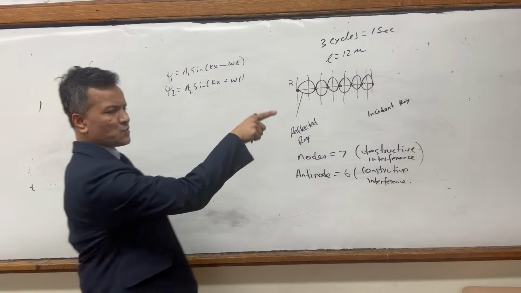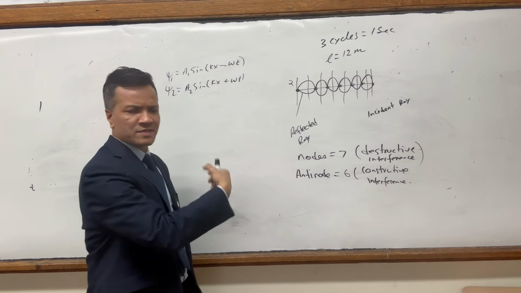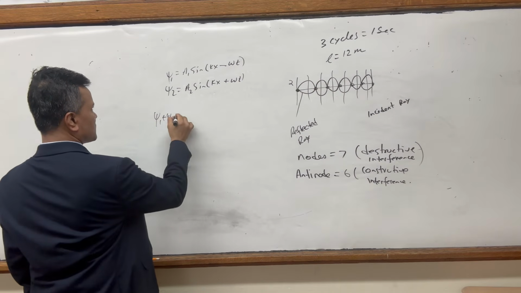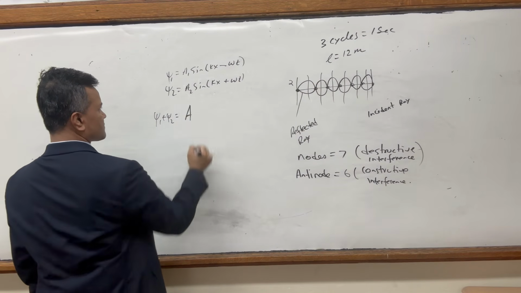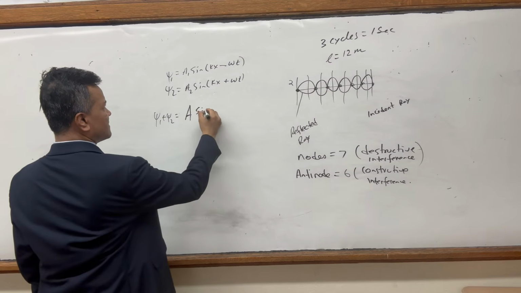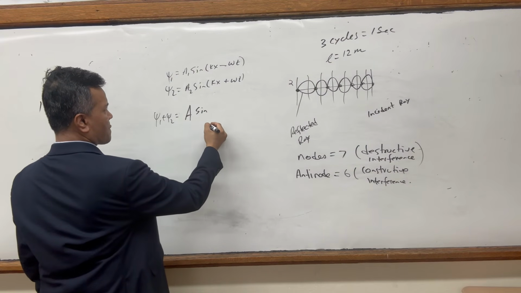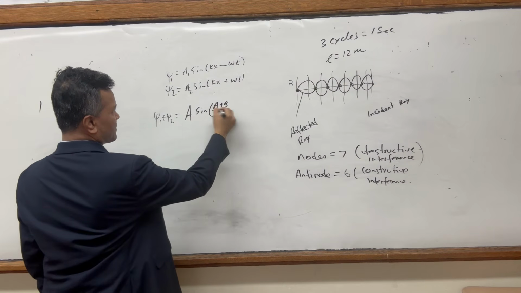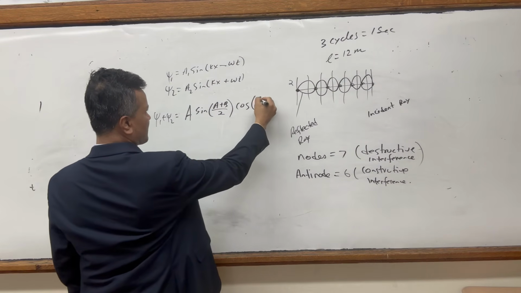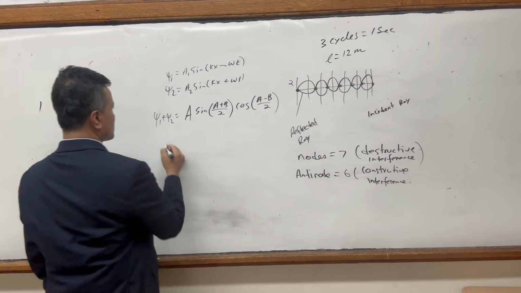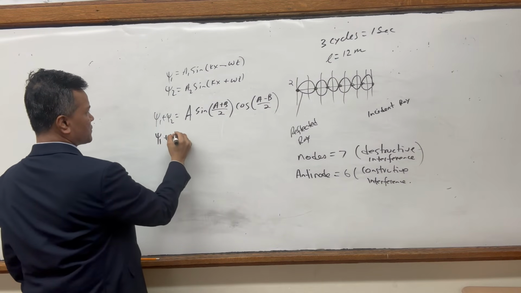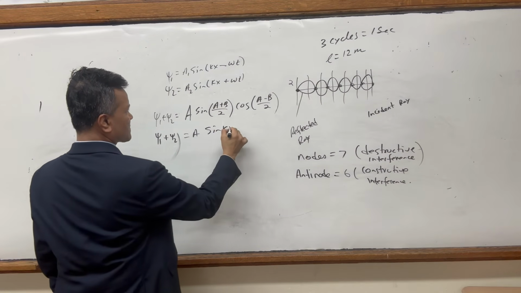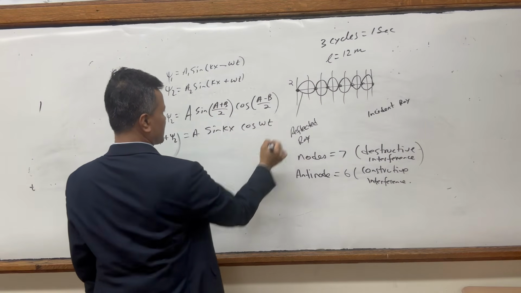This way is negative, this way is positive. We're going to put them together: psi 1 plus psi 2. You're going to say big A, sine of (a plus b) over 2, cosine of (a minus b) over 2. So psi 1 plus psi 2 is equal to A sine kx cosine omega t.